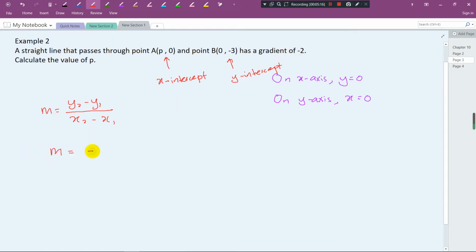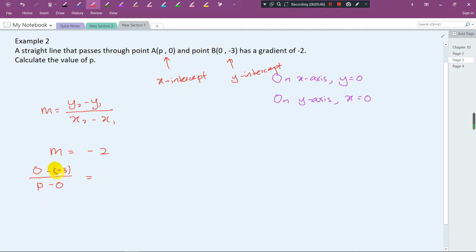So we need to think, how do we get the gradient? This is the formula, right? Here I think I will just take 0 minus -3 over p minus 0.